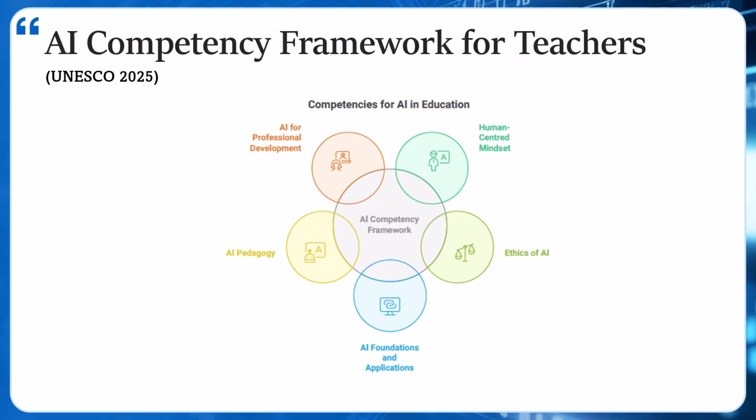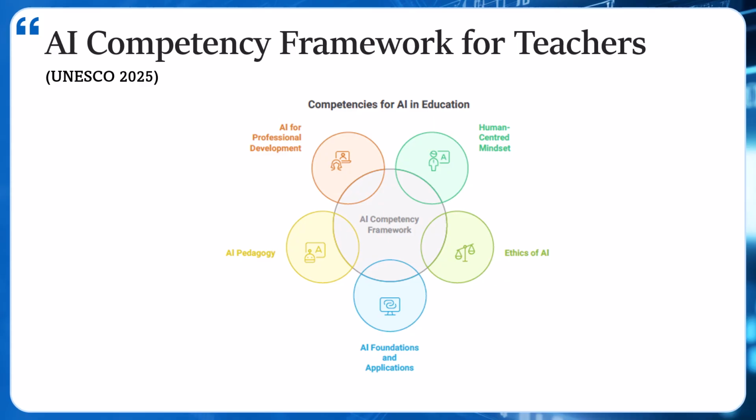Third, AI foundations and applications. This is about understanding the basics of how AI works, and having the skills to apply AI in meaningful instructional practices. Fourth, AI pedagogy. This means using AI to enhance teaching and learning, not just as a tech gimmick. We explore how AI can support innovation in curriculum design and student engagement. Lastly, AI for professional development.